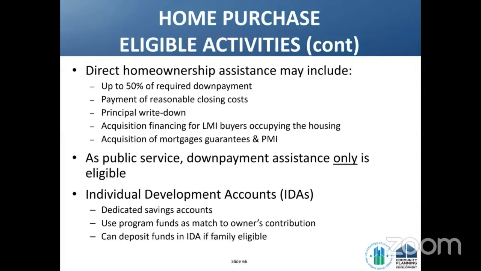Actually, if someone's already occupying the unit, usually as a rental, and they want to purchase and they're making purchase available, assistance can be provided to help them acquire the home they're occupying, not just any other. Also, they can acquire mortgage guarantees and private mortgage insurance.